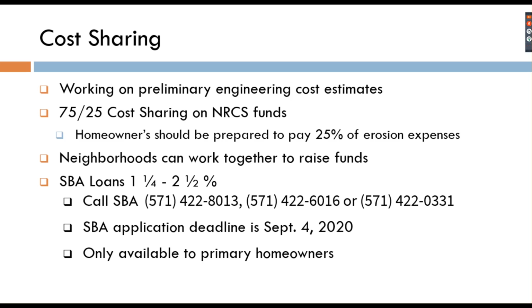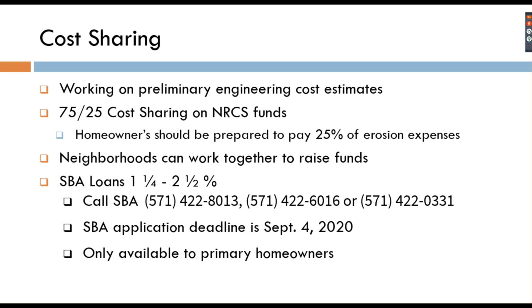Neighborhoods can work together in order to raise these funds. So if you have multiple properties next to each other that are all facing the same type of erosion issues, you can work together to get those funds raised.